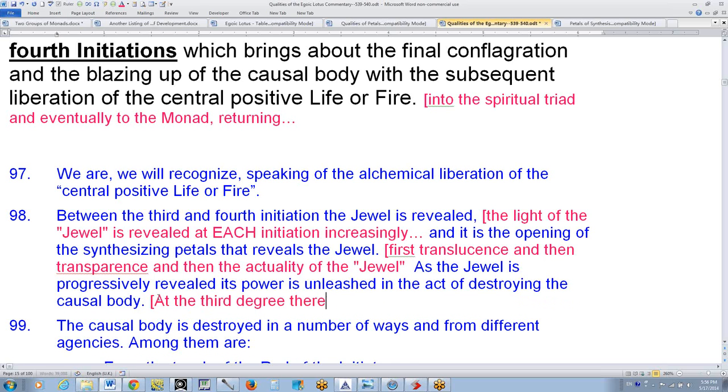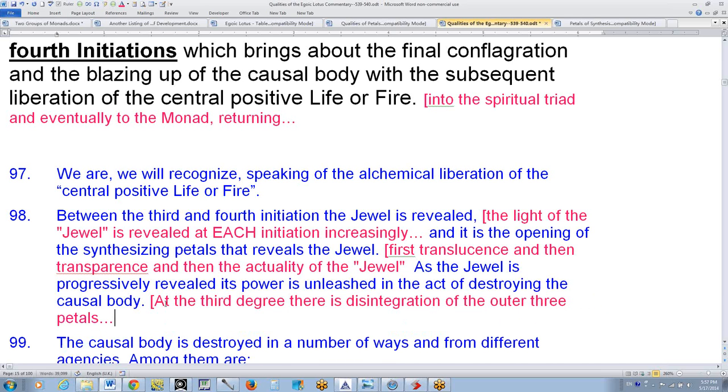At the third degree, there is disintegration of the outer three petals, gradual, because intuition is taking over. The study after the third degree is of the intuition, and one is increasingly Buddhically responsive, and so the knowledge petals per se are not needed.